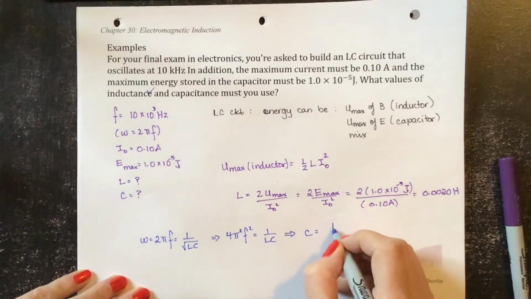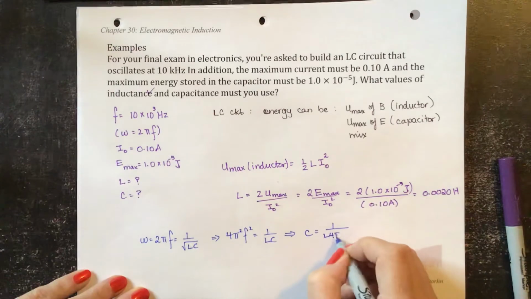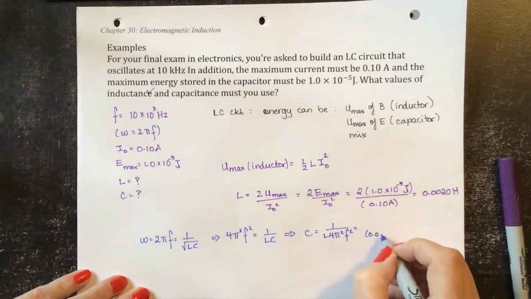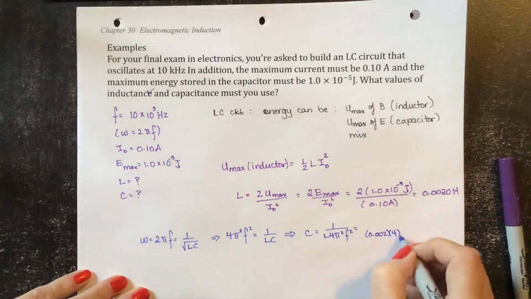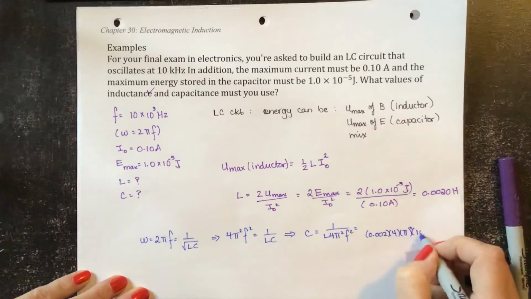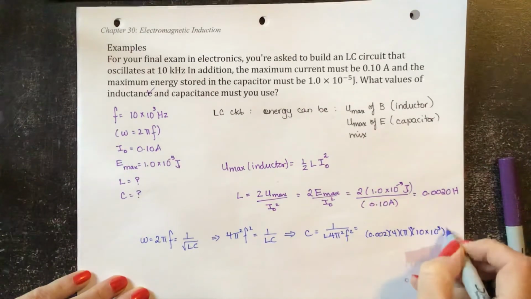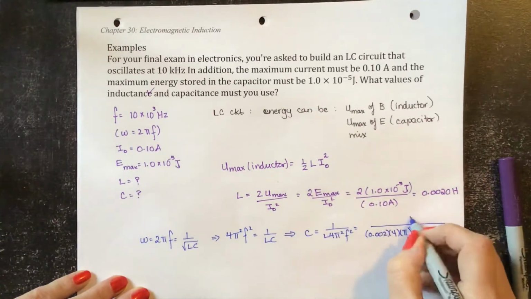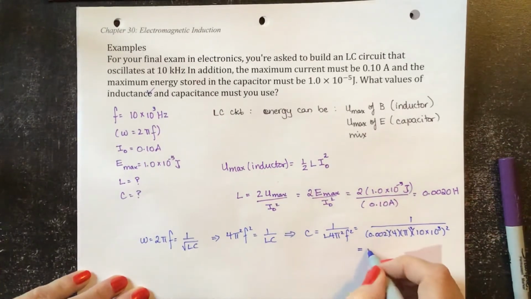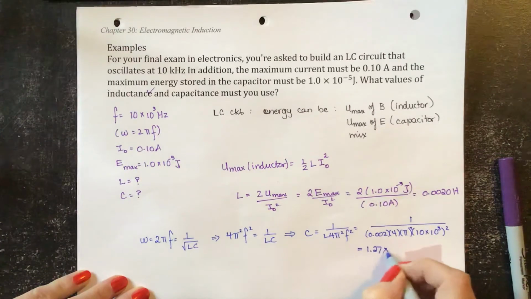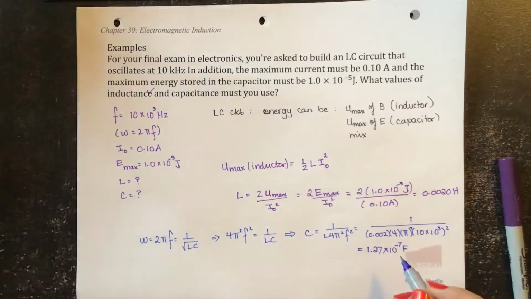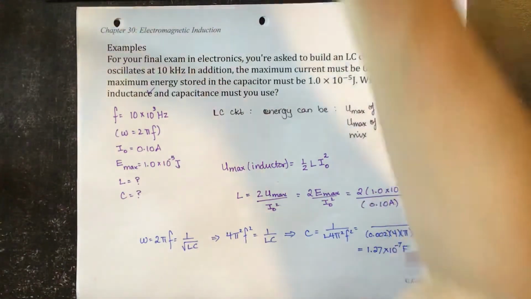C is equal to 1 over L times 4 pi squared f squared, which is 1 over 0.002 times 4 times pi squared times f squared. I sacrificed my units here for space. That gives us 1.27 times 10 to the minus 7 farads, or you could say 0.127 microfarads if you prefer.